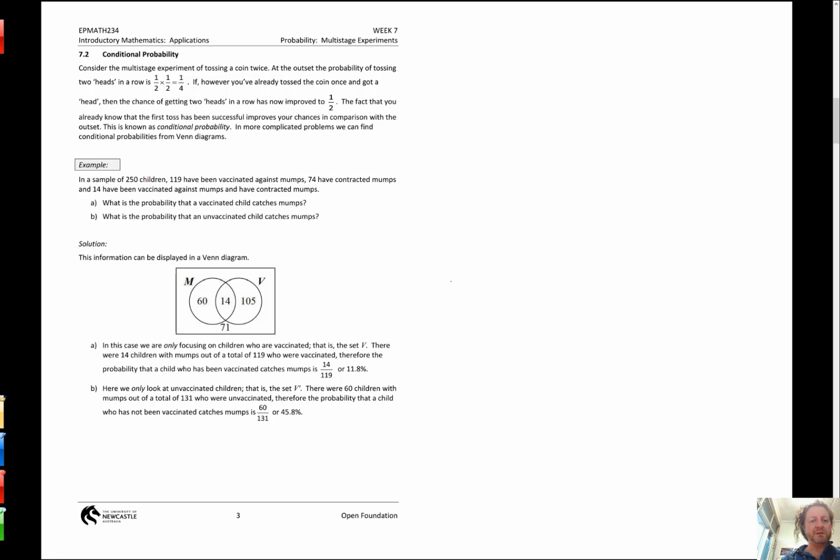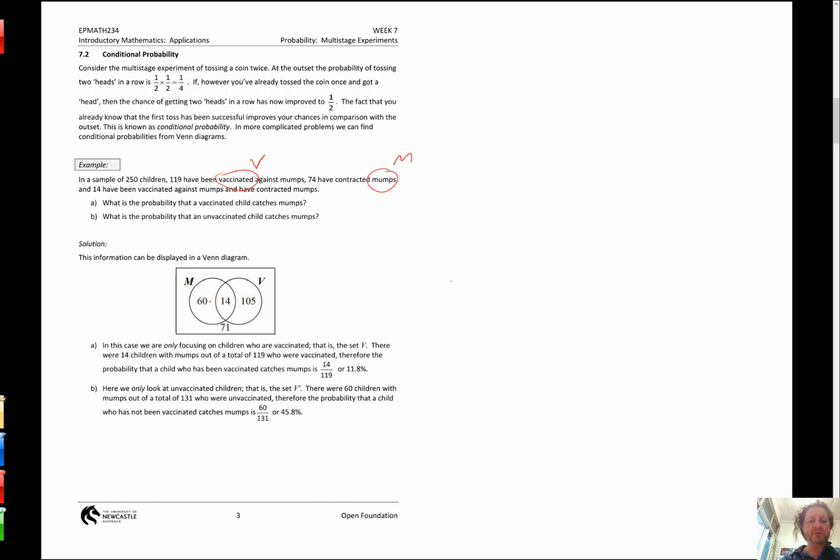In a sample of 250 children, that plus that plus that, my four numbers do add up to 250. 119 have been vaccinated against mumps. So the vaccination circle, V, contains 119. 14 plus 105, yep, the V circle contains 119 people. 74 have contracted mumps.